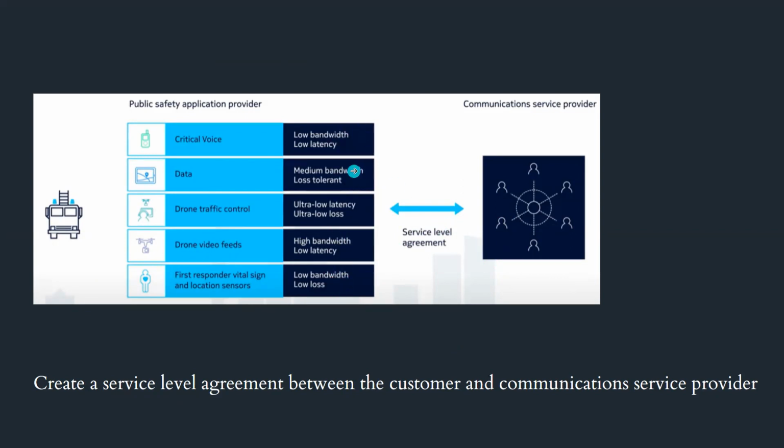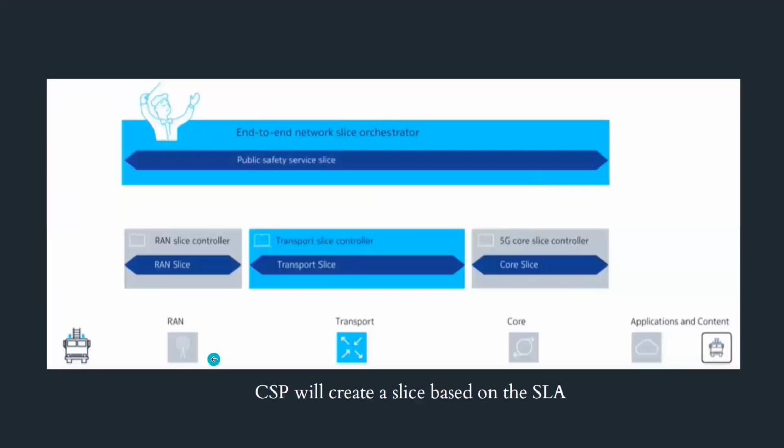For each communication requirement that is given in here, there are 5 requirements in here. For each requirement, there will be a certain agreement provided by the mobile operator, or we can call them the communication service provider. So based on the service level agreement, the service will be provided to that promised level by the mobile operator.